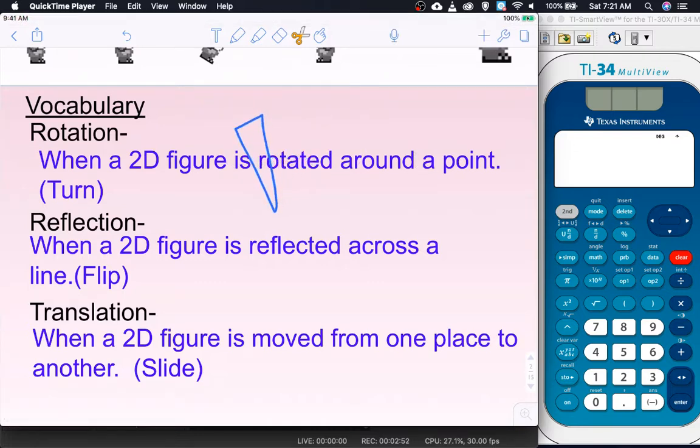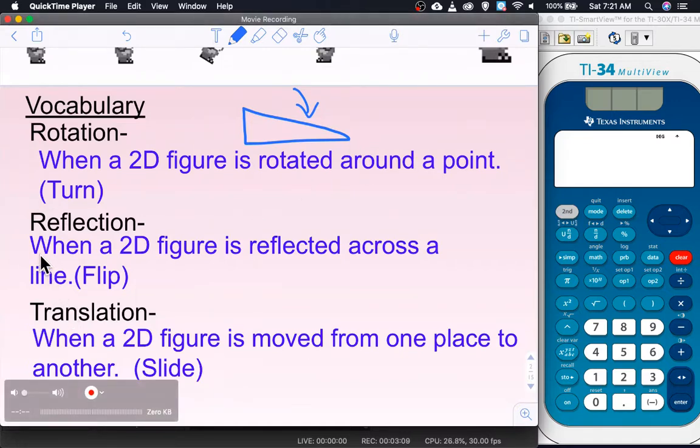It's kind of getting a little bigger and smaller, but that would be a rotate. It's rotating around a point. It's turning, it's spinning. These are lots of synonyms for rotation. It's a turn.